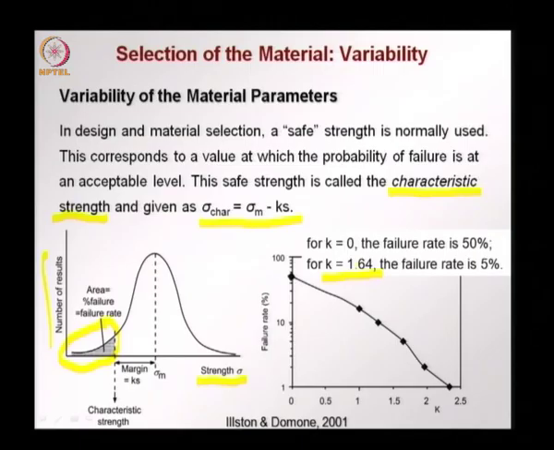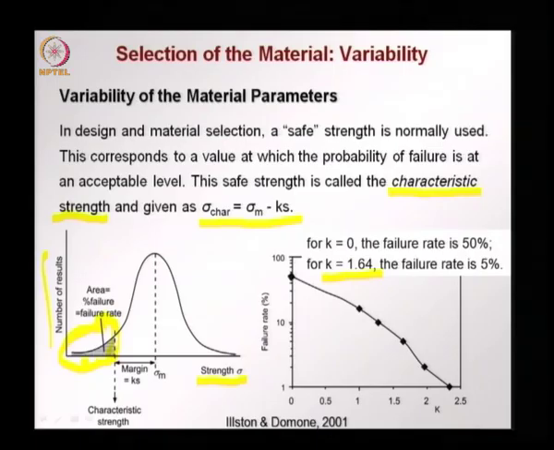So, that means we say that the number of results that could be less than the characteristic value should not be more than 5%. We take 5% as the acceptable value, and the corresponding K value as seen in this graph on the right is 1.64.